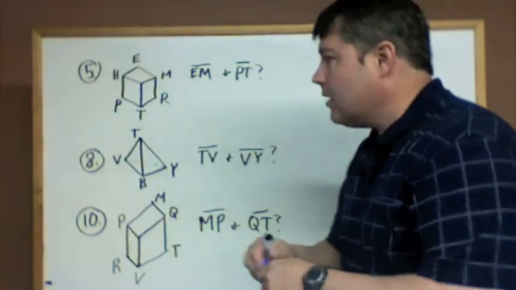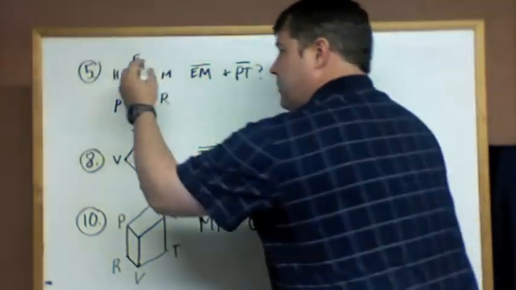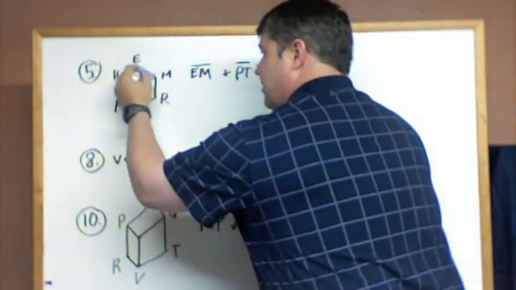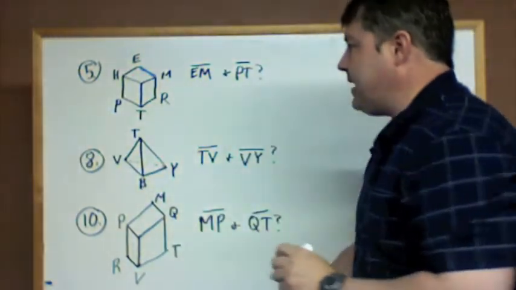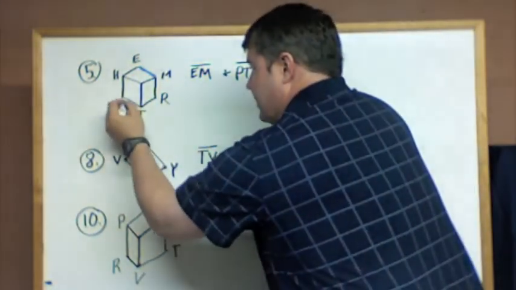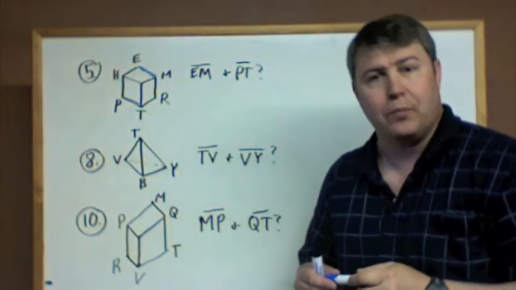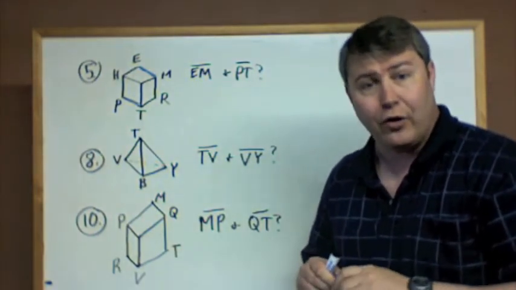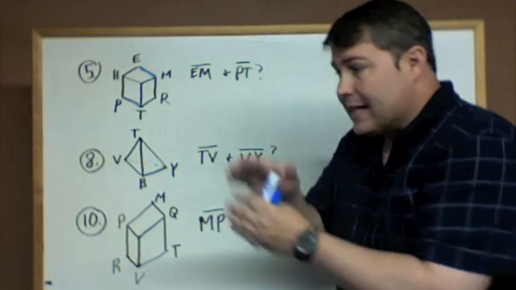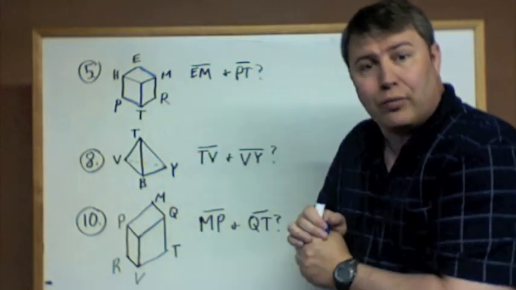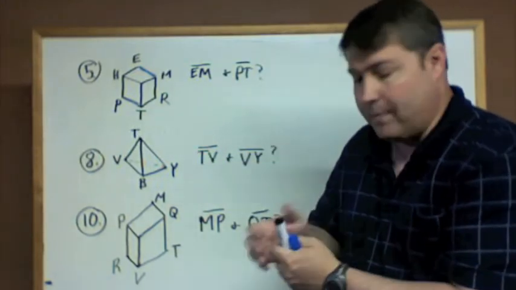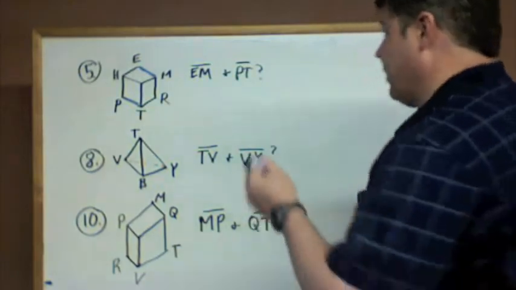EM's this one back here, and PT is this one down here. What sort of relationship would they have? Would they ever intersect each other? It sure looks like they're headed the same direction. I think they're going to be parallel, so that's what I'm going to write, parallel.